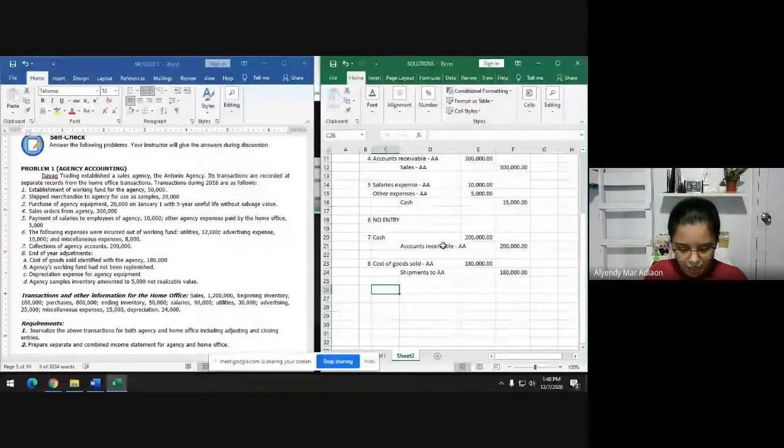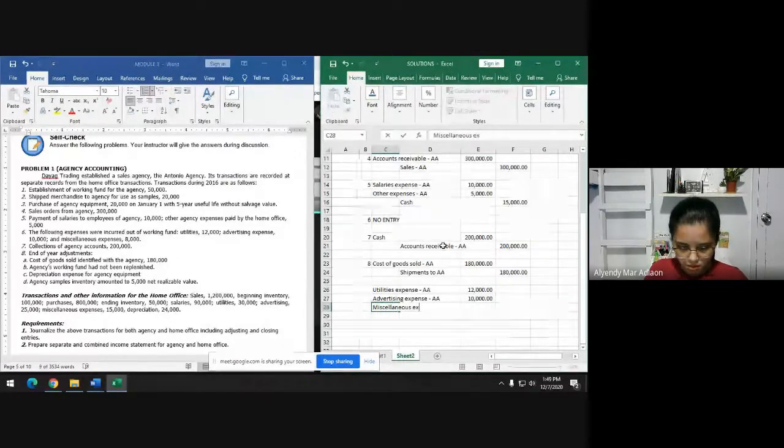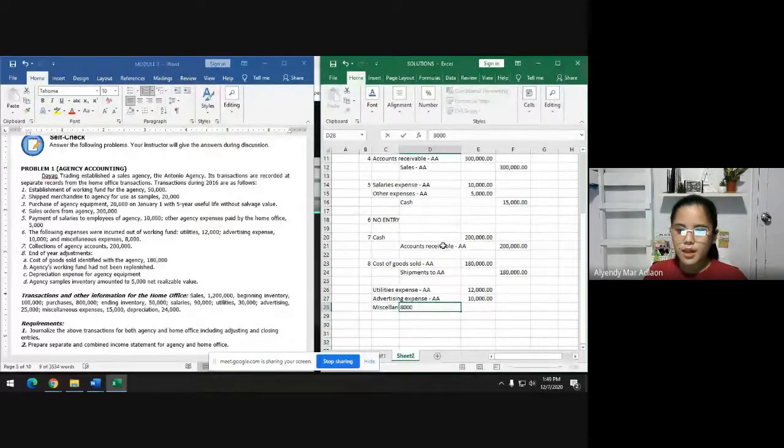So that is debit utilities expense, Antonio Agency, 12,000. Advertising expense, Antonio Agency, 10,000. And miscellaneous expense, Antonio Agency, 8,000 pesos.